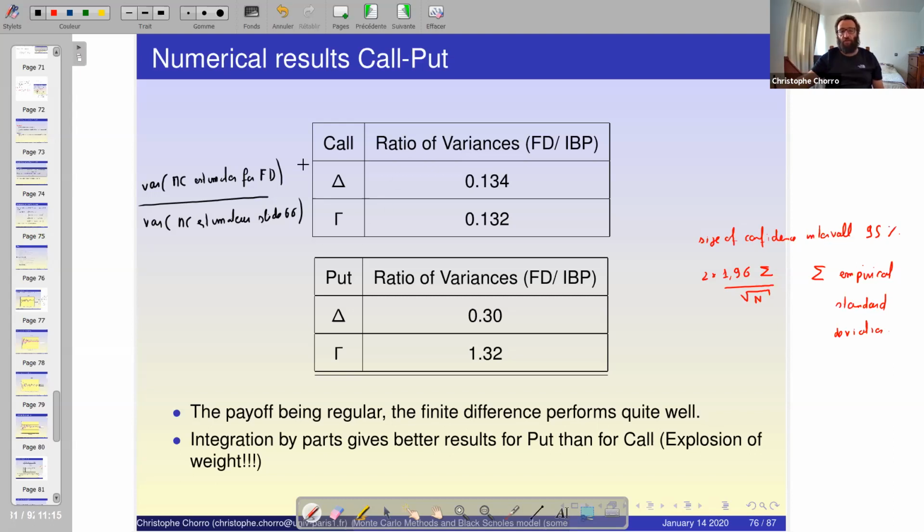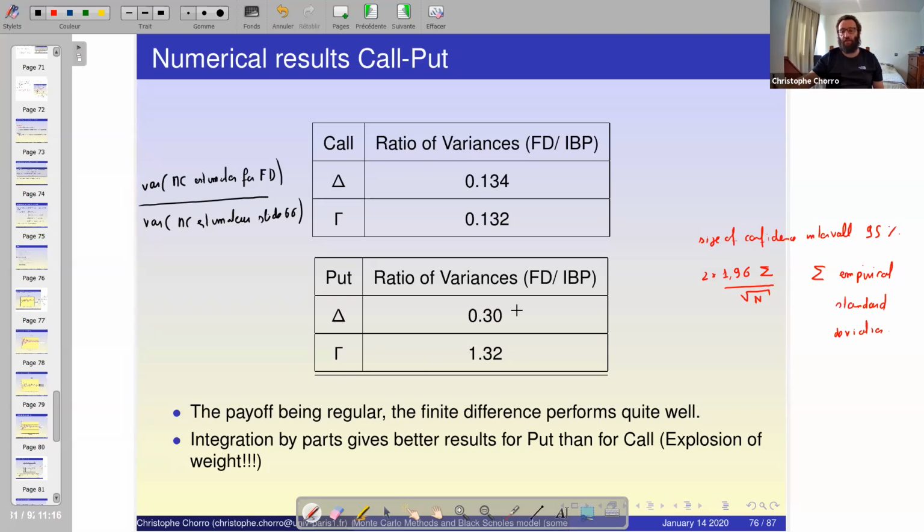So if I have a ratio that is greater than 1, it means that the variance of the Monte Carlo estimator for the finite difference is greater than the variance of what I obtain with slide 66, and so my methodology with slide 66 is better than what I obtained for the finite difference. But in the case where the ratio is less than 1, it's the finite difference methodology that is better.